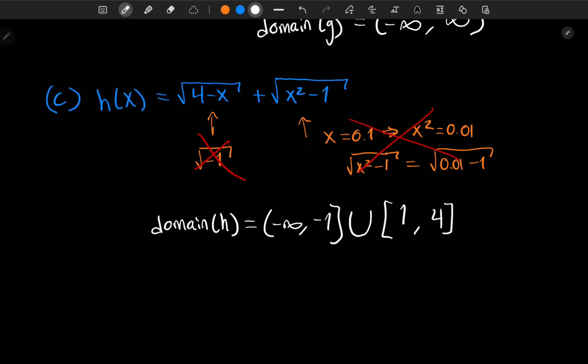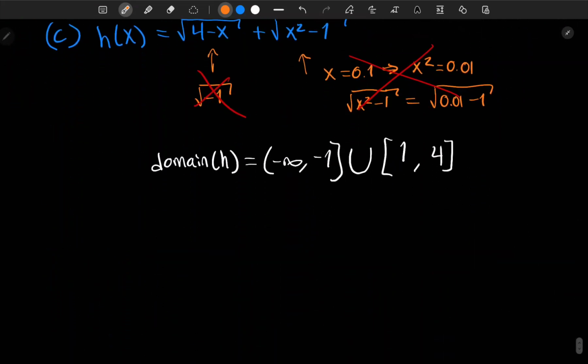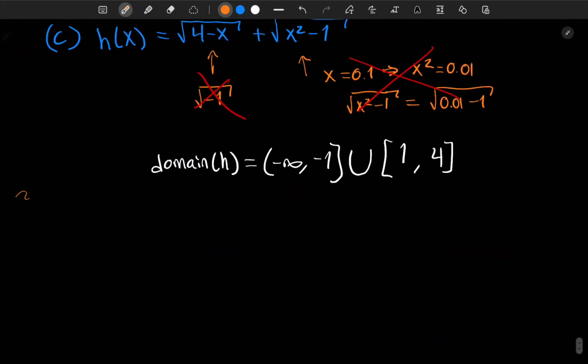Moving forward, we'd like to make now some sketches. So we just covered domains of functions. Now let's find rough sketches of functions.